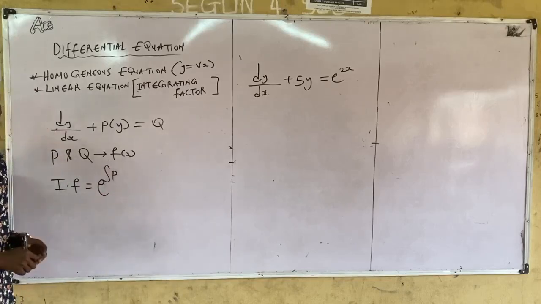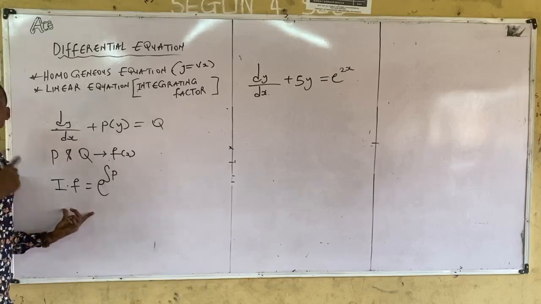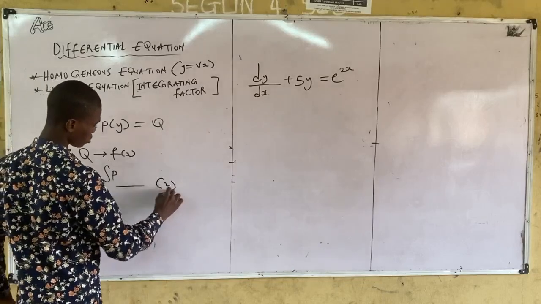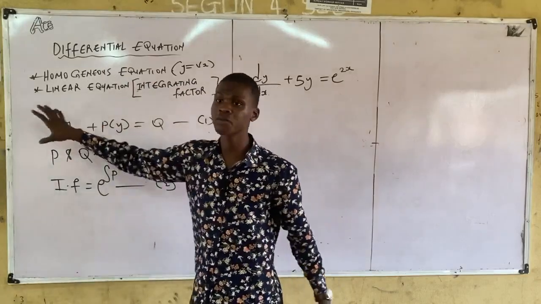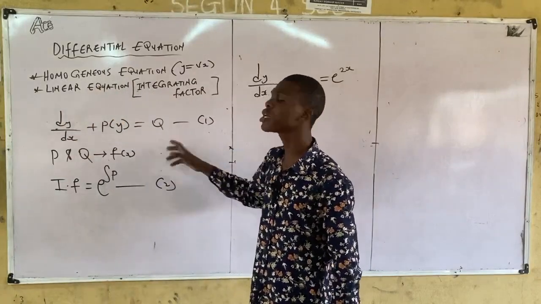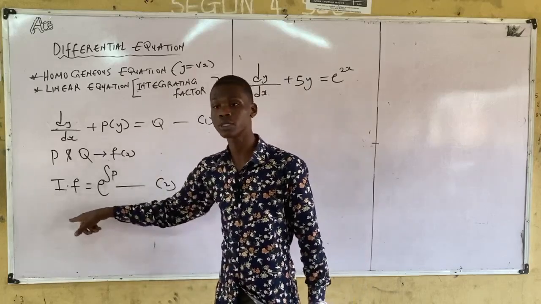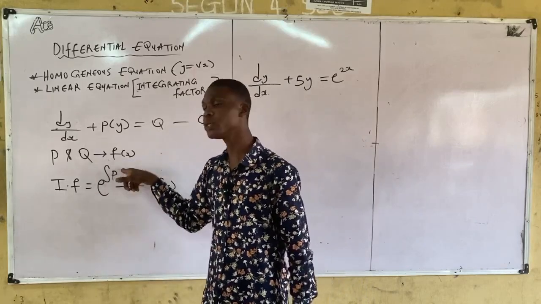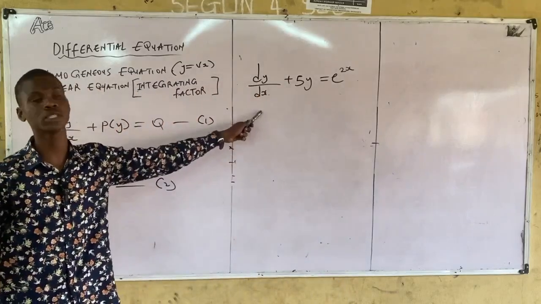We need to get your integrating factor in any given question. To get it, this will be the formula. Call this 2 and call this 1. Any differential equation of this nature is referred to as a linear equation. When you've concluded that it is a linear equation, then your integrating factor comes in. This is the formula: exponential integral of p, where p is a function of x.